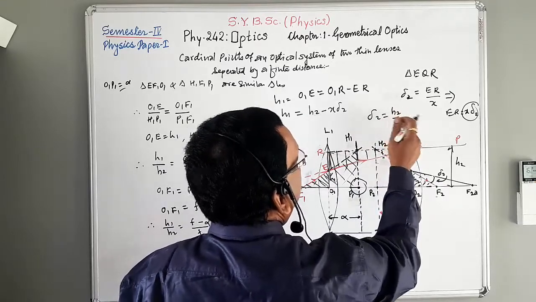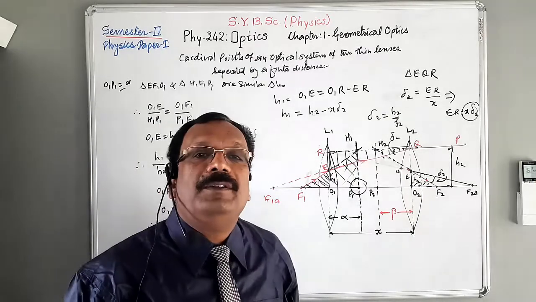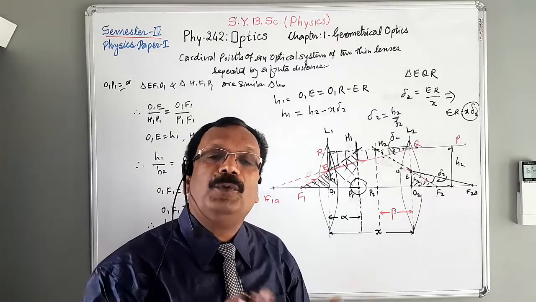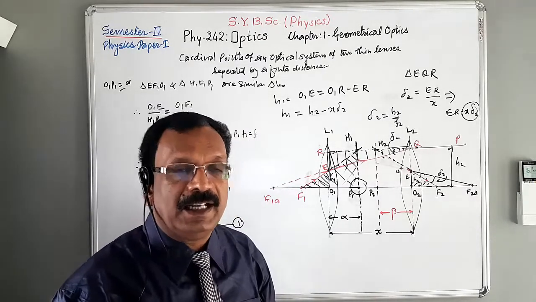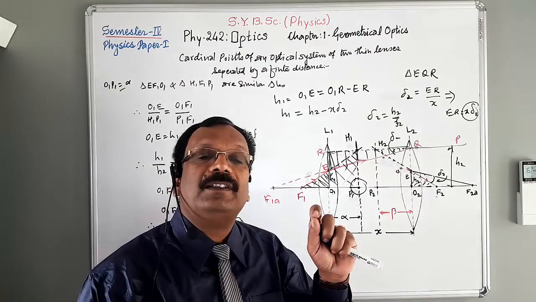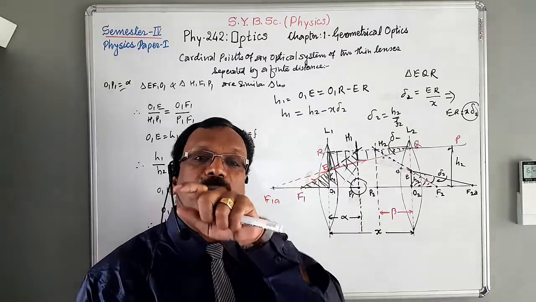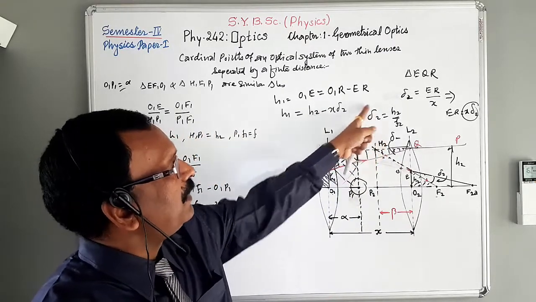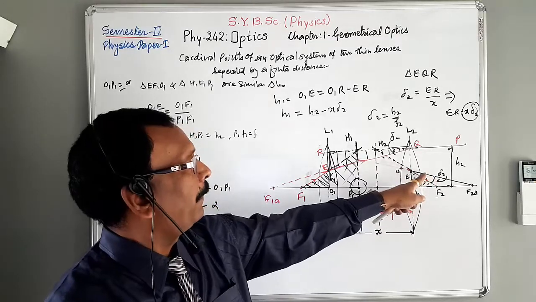We already studied this when we obtained the equivalent focal length for the combination of two lenses placed coaxially and separated by a finite distance x, that is, 1 upon f is equal to 1 upon f1 plus 1 upon f2 minus x upon f1 f2. At that time we saw this deviation produced by the second lens is delta 2.